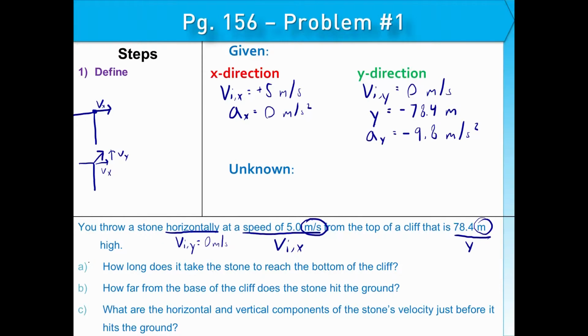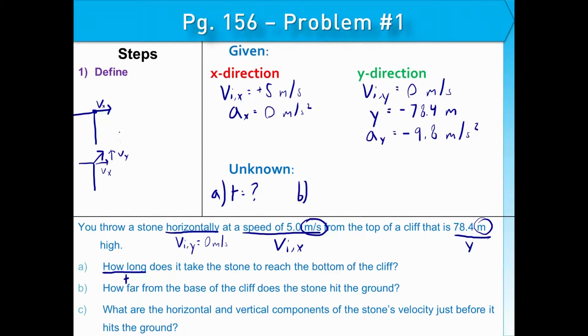So now moving on to our unknowns, part A. Part A is asking us how long does it take the stone to reach the bottom of the cliff. So the keywords how long tell you that you're looking for time. So for part A, time is going to be your unknown. For part B, how far from the base of the cliff does the stone hit the ground?